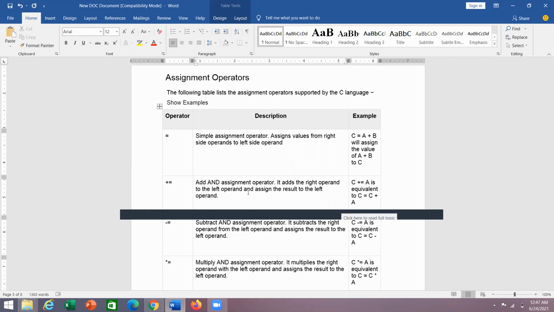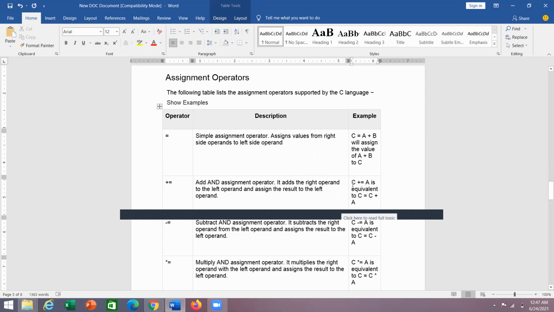So see, there is some difference. First, it adds the right operand. What is the right operand here? A is the right operand. So the A operand value is assigned to the left operand.